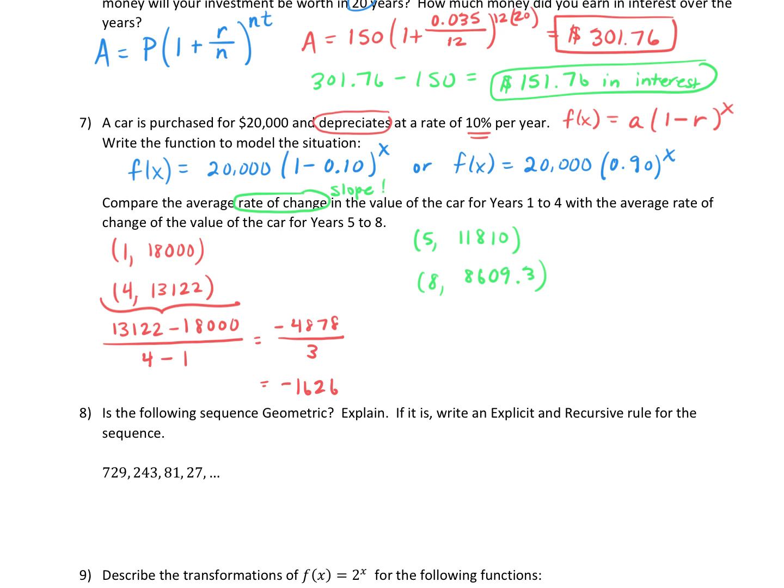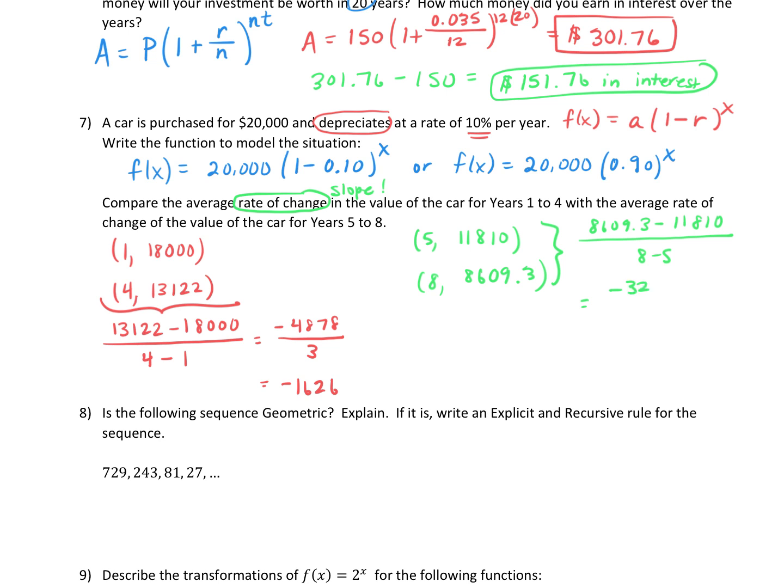All right, now let's find the slope between these 2 points. So we will subtract our y's. 8,609.3 minus 11,810 over 8 minus 5. So that's going to give us, let's see, 8,609.3 minus 11,810.